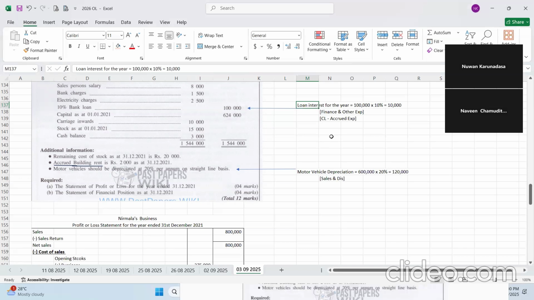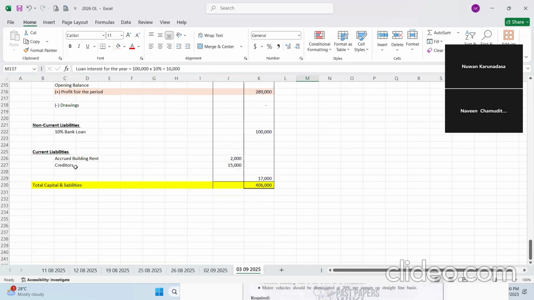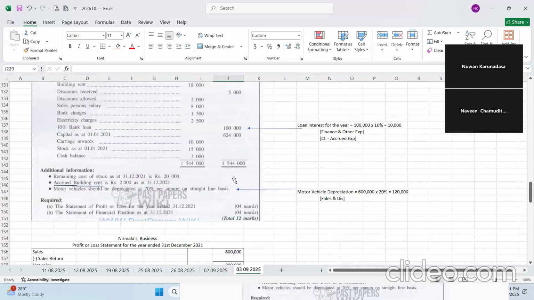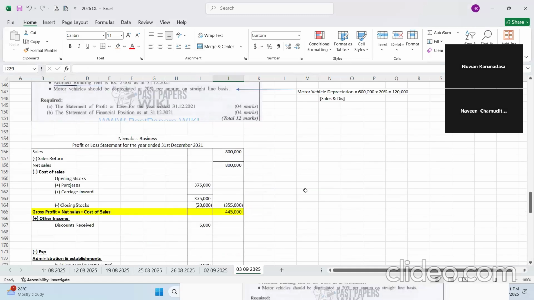Once you multiply 100,000 by 10%, loan interest for the year comes to 10,000. So that has not been paid. It becomes a current liability: accrued bank loan interest 10,000. Right, it's done.